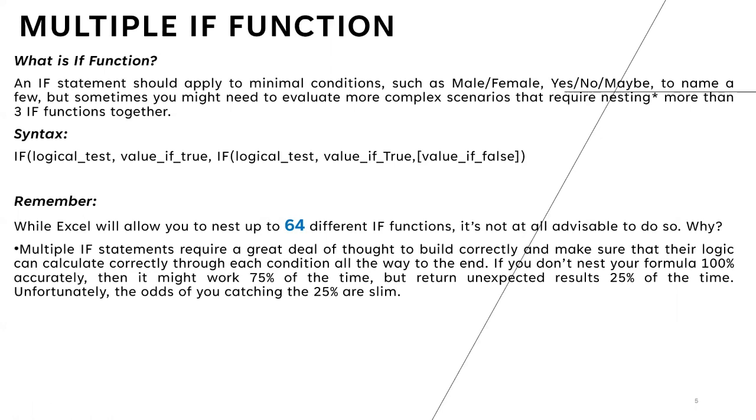And unfortunately, the biggest challenge is to figure out, out of all those 64 different if functions, or 10, 12, whatever number of if functions you are using, where you actually made an error.